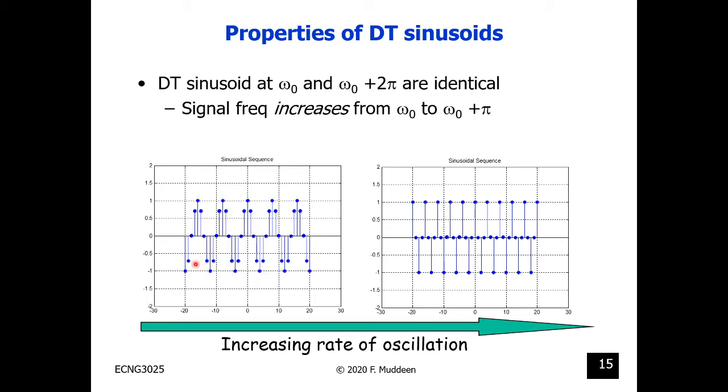We can start using fewer samples to represent it, until we reach the point when we hit omega naught plus pi, where we only need like 1, 2, 3, 4 samples to actually represent our signal, because we're fairly certain of this signal being a discretized time sinusoid. So as we move from omega naught to omega naught plus pi, the signal frequency is maximum at omega naught plus pi, meaning that we don't need so many samples to actually represent the signal in discretized time.